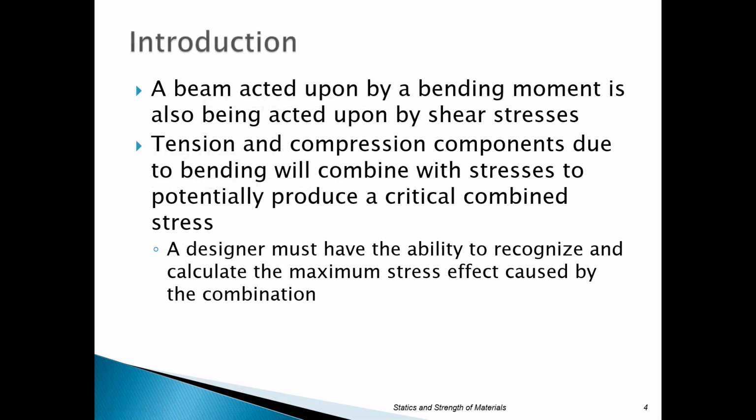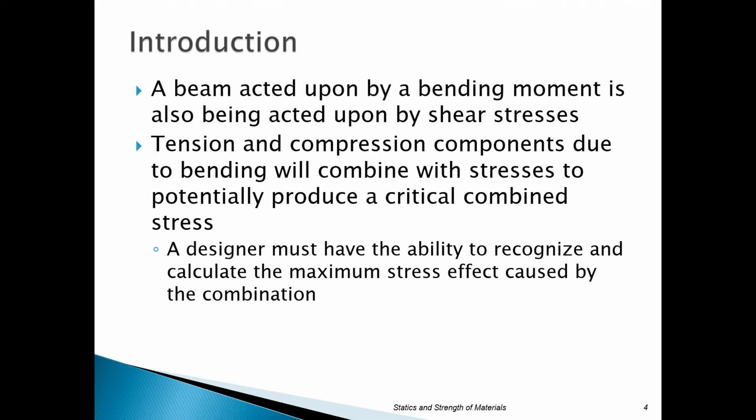If you think about this, when a beam is acted upon by a bending moment, it's also being acted upon by shear stresses. So you've got the two things going on, which chapter 12 just considers separately. But we're looking at now, well, what happens when we combine them? Because you can actually get greater amounts of stress occurring, which again could yield a failure if you're not careful.